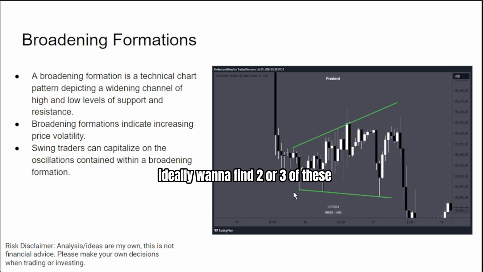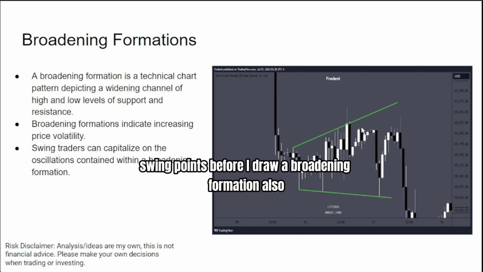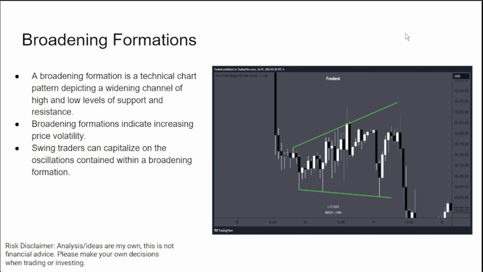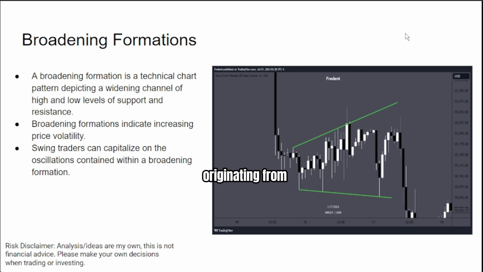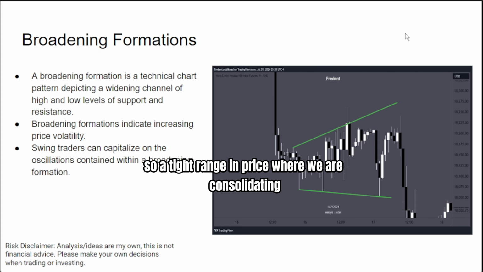I ideally want to find two or three of these swing points before I draw a broadening formation. Also, the highest probability broadening formations will be originating from a stage of consolidation. So a tight range in price where we are consolidating, making higher highs and lower lows in the same legs.